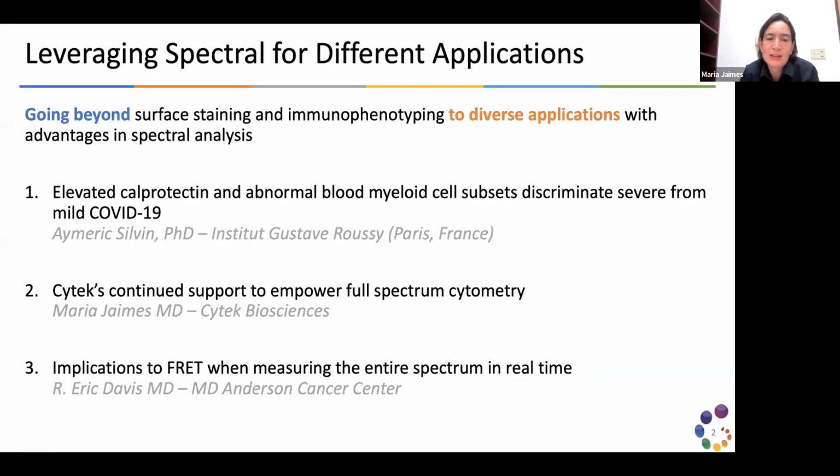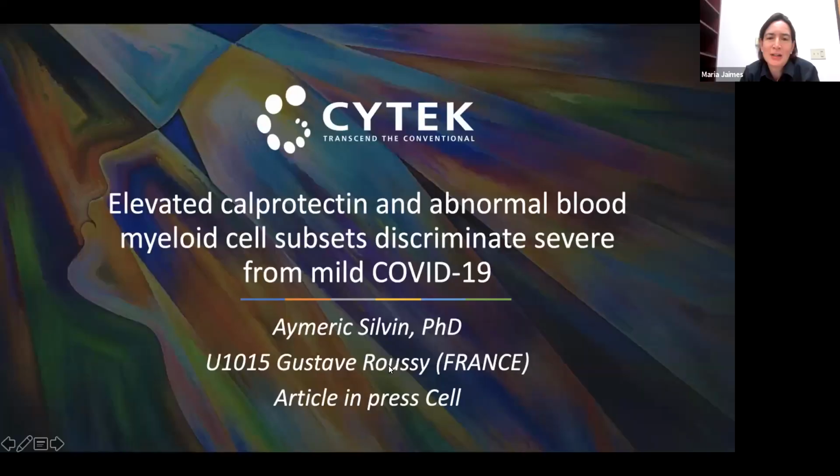And then in the second part of our tutorial, we will have Dr. Eric Davis from MD Anderson walk us through a different application and how they're measuring FRET using a spectral flow cytometry. So without further ado, it's a great pleasure to introduce Dr. Sylvain. And Aymeric, the floor is yours.